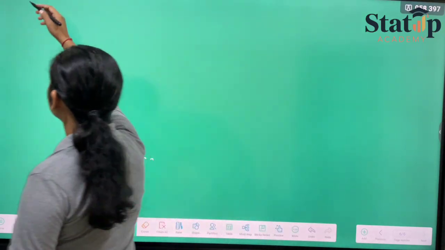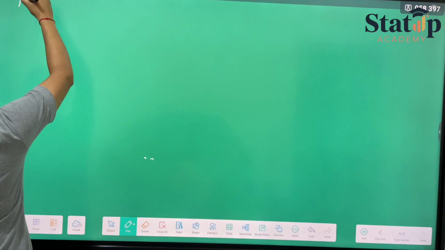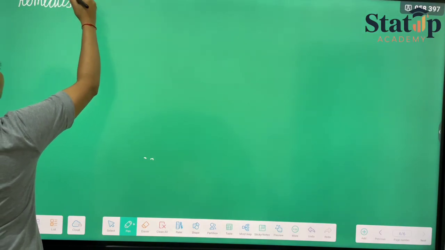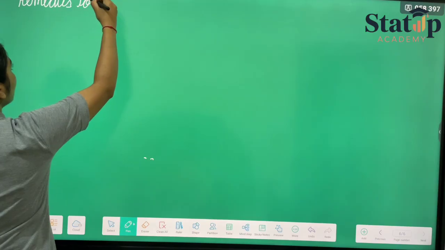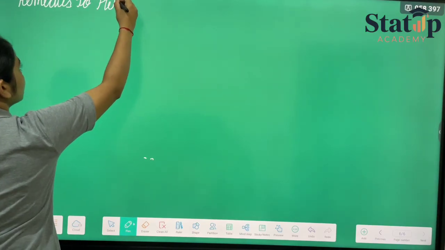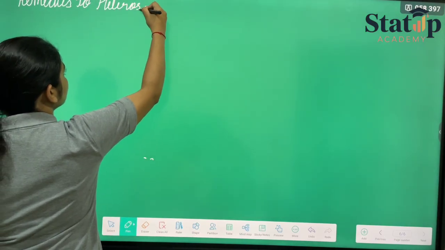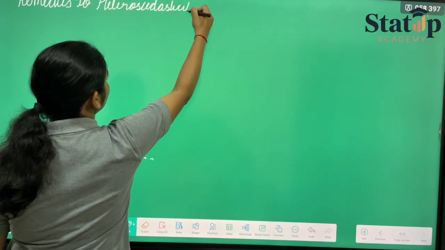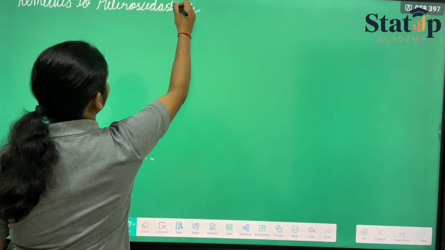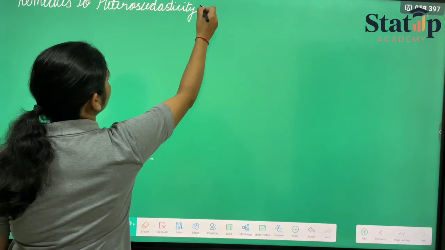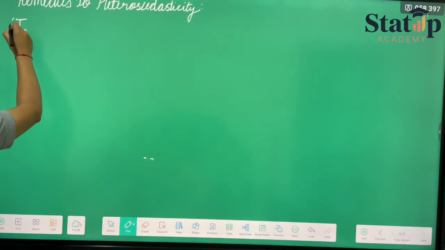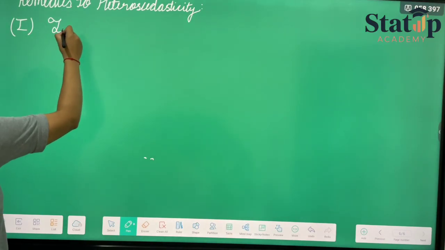So some of the remedies to heteroscedasticity. First one is transformation model.